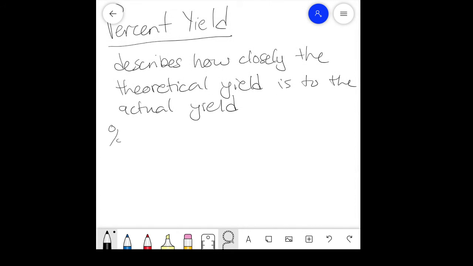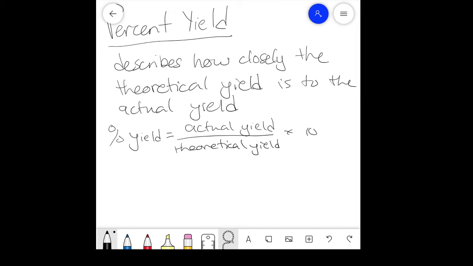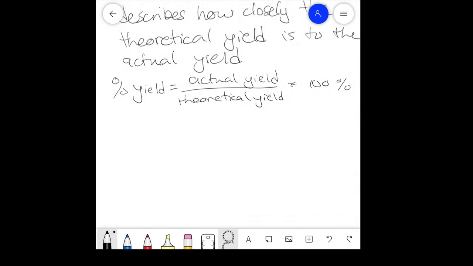The formula is that your percent yield equals the actual yield over the theoretical yield times 100. Just remember that 100, or that percent sign, is just a unit, not 100%. In other words, you can say what you got in the lab over what you calculated you'd get.